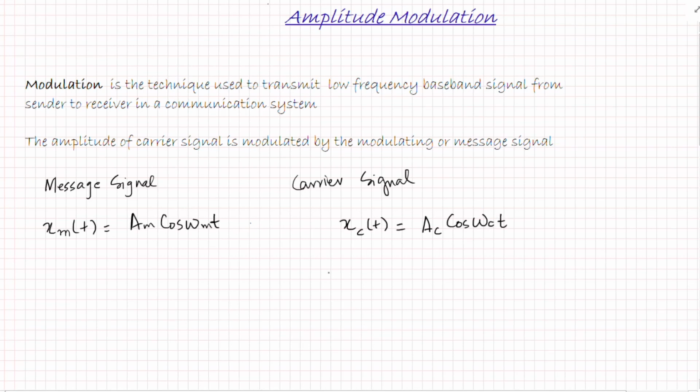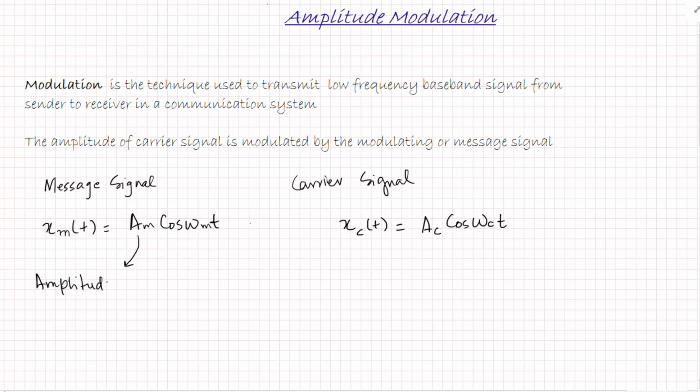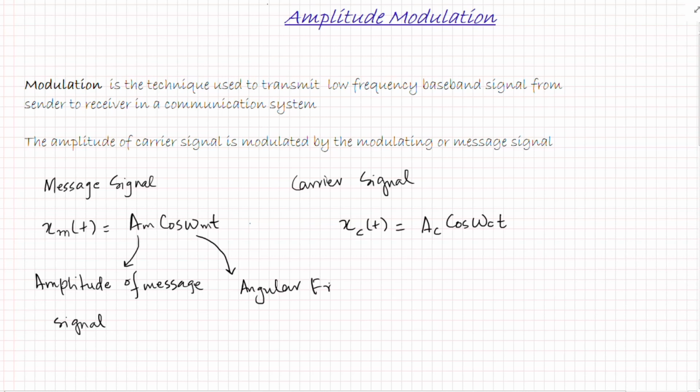In these signals, A_m is the amplitude of message signal and omega_m is the angular frequency of message signal.